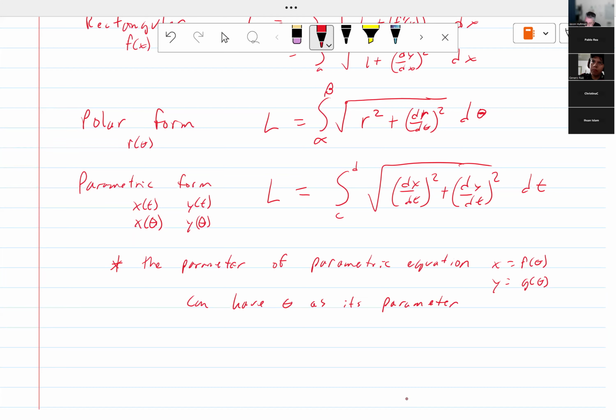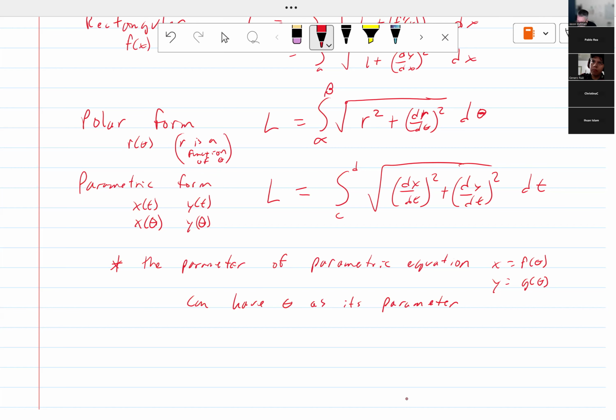It only makes it polar if r is a function of theta. R must be a function of theta. Then it's polar.